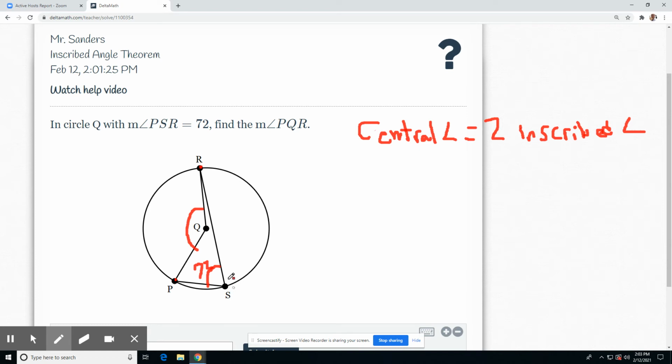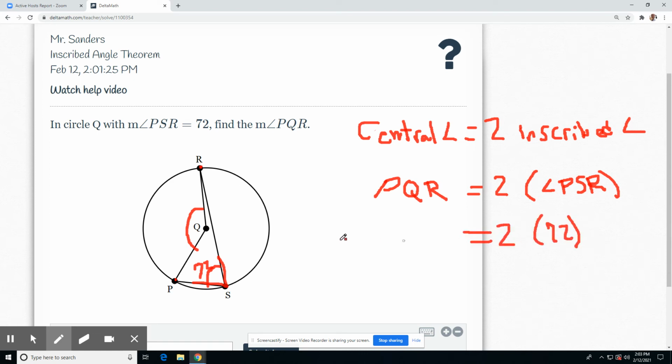PSR is which angle? This angle right here that touches the edge, that's the inscribed. So 2 times angle PSR is equal to PQR. I'm just writing it out using their letters. PSR is 72, so it's 2 times 72 is equal to PQR. This is the measure of the angle if we wanted that.